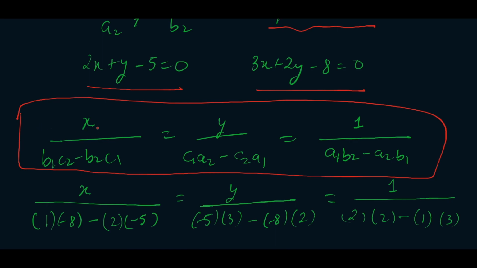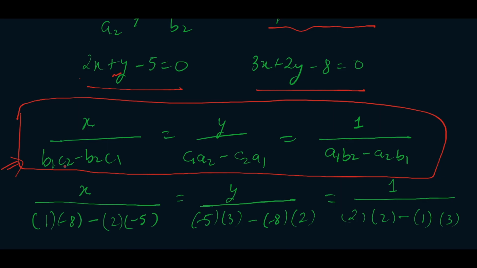Here a1, a2, b1, b2, c1, c2 are the coefficients of x, y and the constants. So the formula for finding the values of x and y using cross multiplication is this formula.